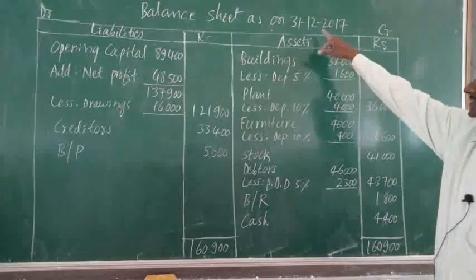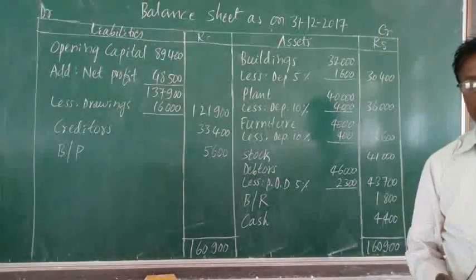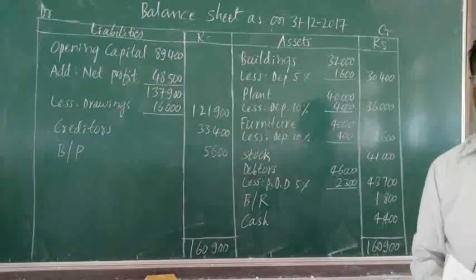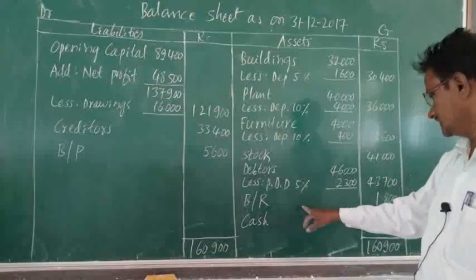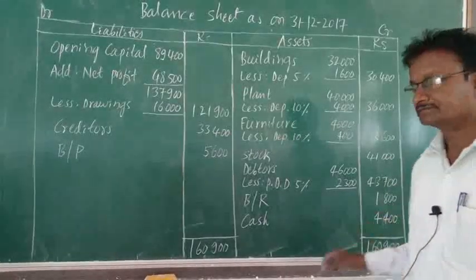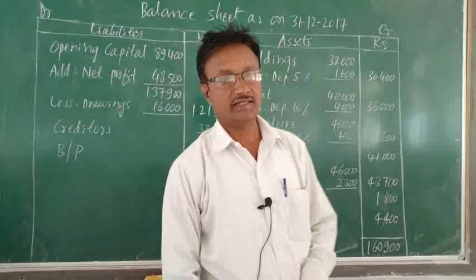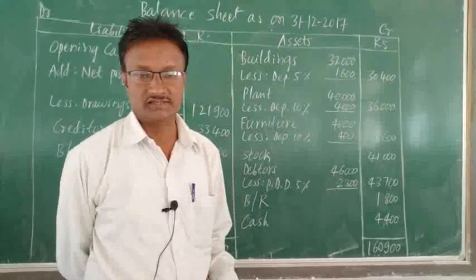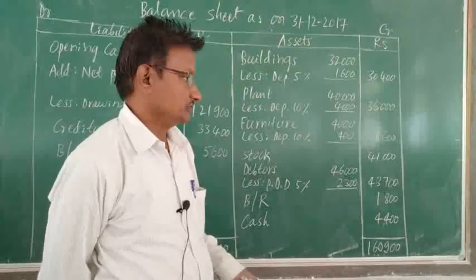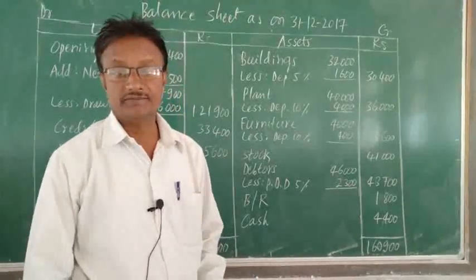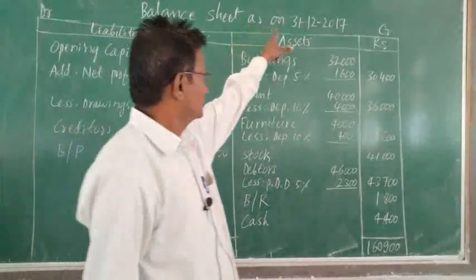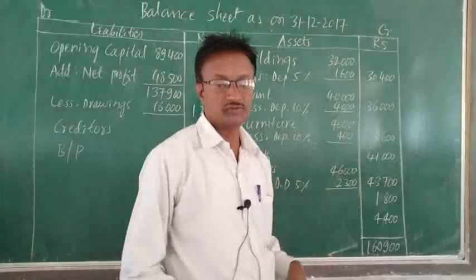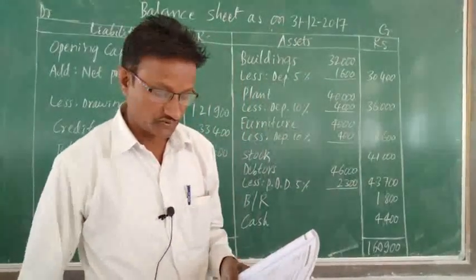And next asset we have to take on the asset side is bills receivable. Bills receivable at the end of the accounting period, that is closing balance, we have ascertained in bills receivable account, that is 1,800. And last current asset is cash. Cash is also a current asset, it is changing. So cash at the end of the accounting period, that is on 31st of 12/2017, is 4,400.